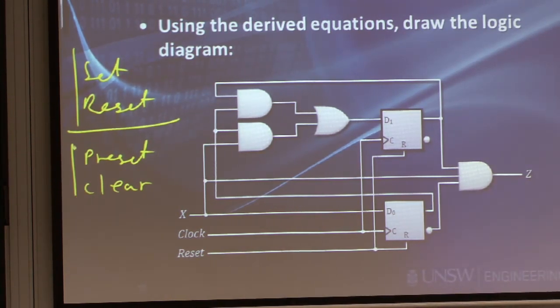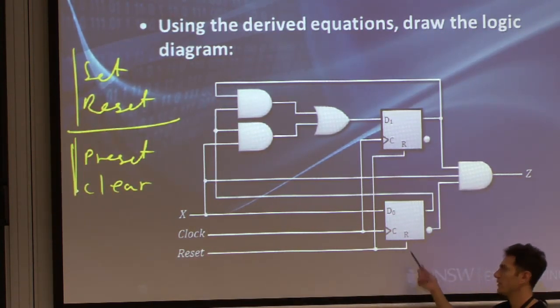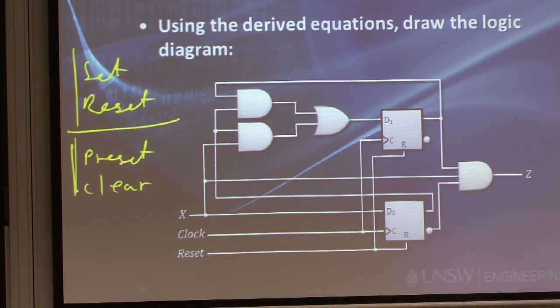Where preset and clear are usually what we call the asynchronous signals, and they will apply straight away as you assert them, regardless of the clock. Now in this case here, I did use the word reset, so this one, just by convention, will be synchronous, so it will depend on the clock, but I could have just as well used the preset signal here to actually have an asynchronous one. It's just an example.